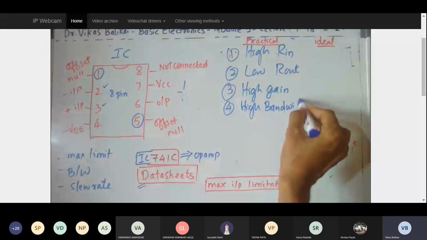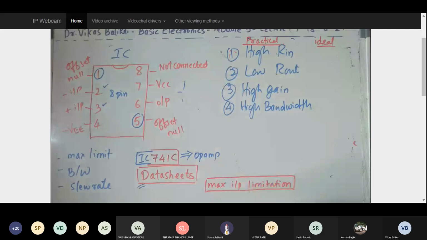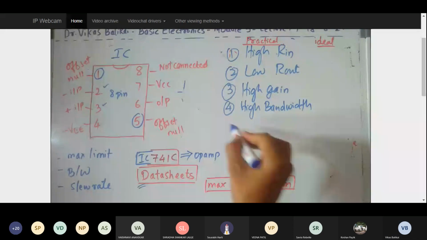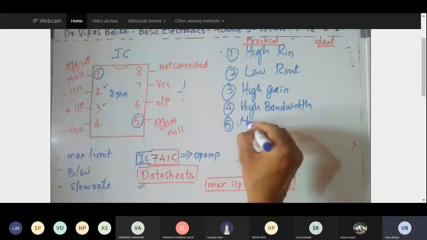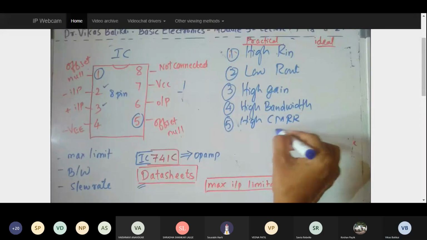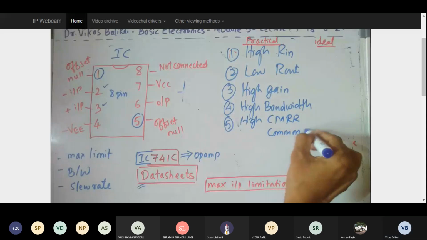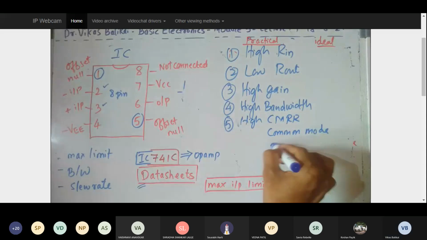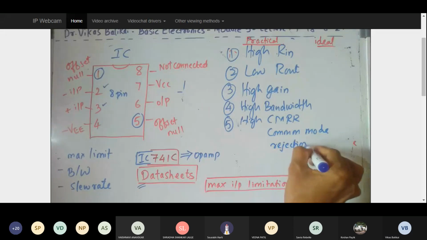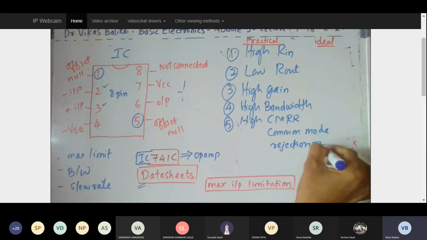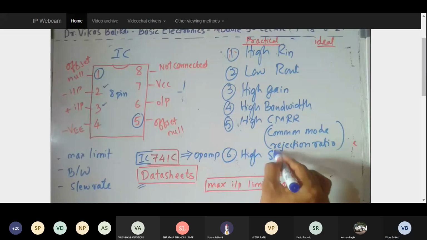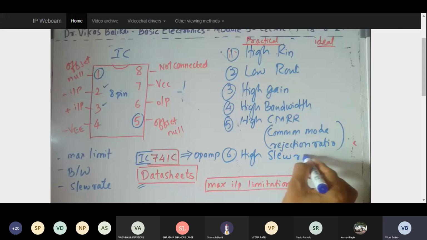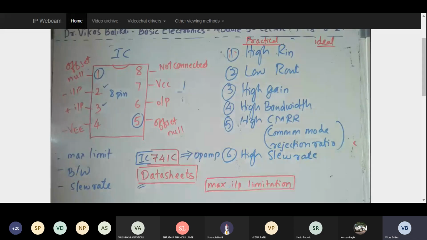And the 5th one, it should have high CMRR, that is, common mode rejection ratio. This is my 5th characteristic, and it should also have high slew rate. So these are typically the main 6 characteristics of my op amp.